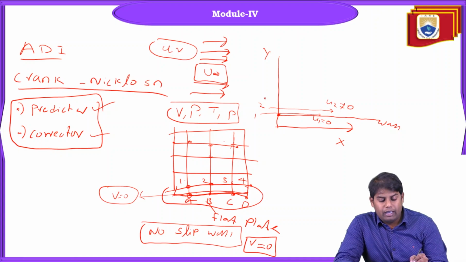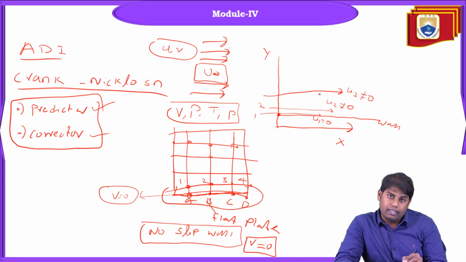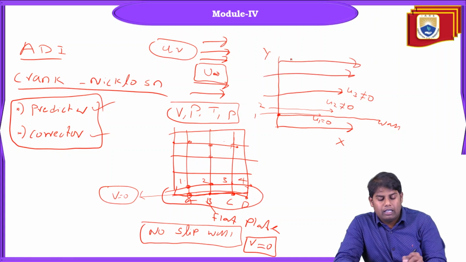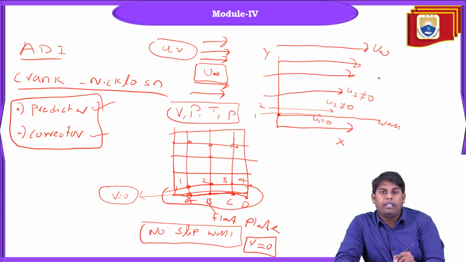Similarly, u3 is not equal to 0 and is somewhat greater than u2. Why? Because u2 has some velocity, and u3 has another velocity, greater relative to u1, and u3 is greater still than u2. It goes on like this until it reaches u infinity.